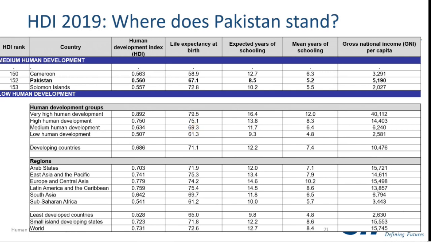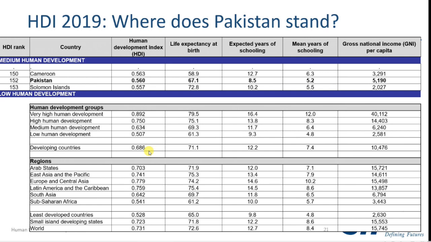Pakistan has lower. 11.7 is the expected years of schooling. Pakistan has lower. 6.4 is the mean years of schooling. Pakistan has lower. And 6,240 GNI per capita is the average for medium human development. Pakistan is lower. So Pakistan is not doing very well in all these indicators, and if it wants to stay in this medium human development, then it needs to improve things.